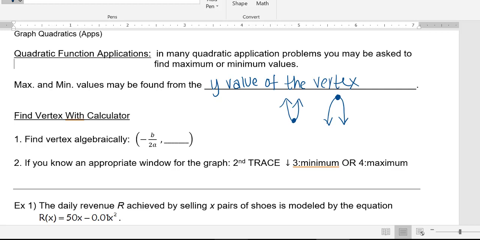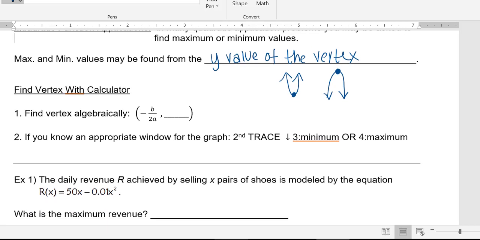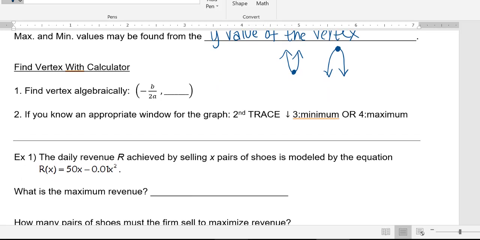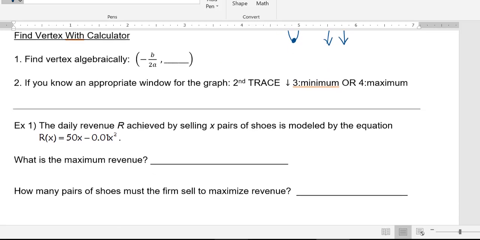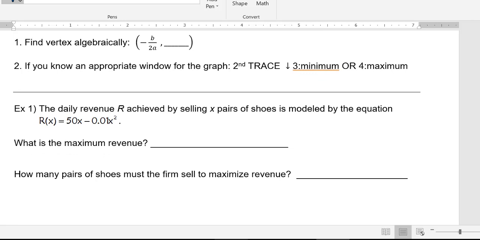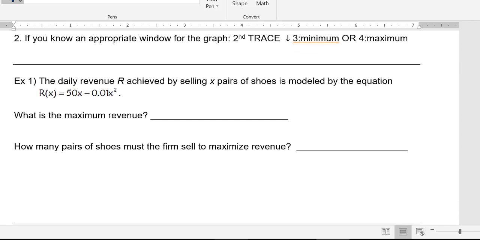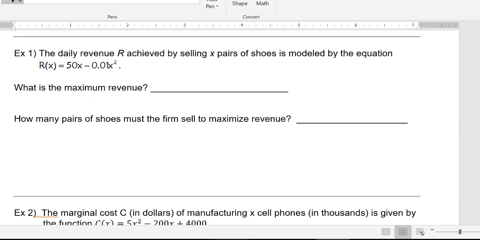The first one, I'm going to show you both methods because you're going to be asked to use both. And then for the next two, we're going to use Desmos. So we want to figure out the maximum revenue. This is our daily revenue function. It's achieved by selling x pairs of shoes, and it's modeled by the equation R(x).